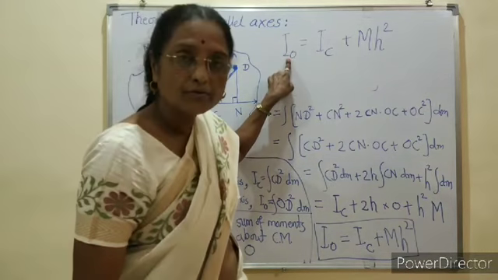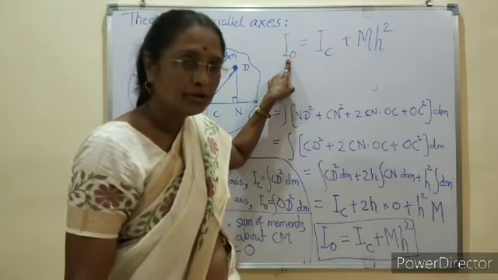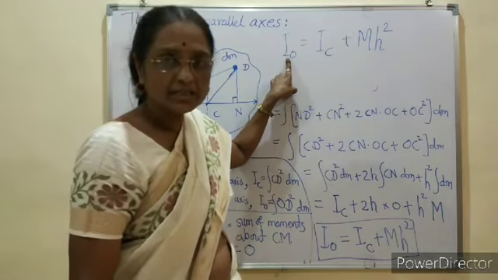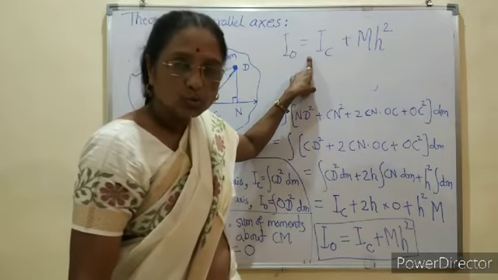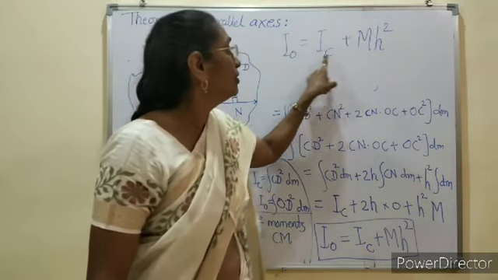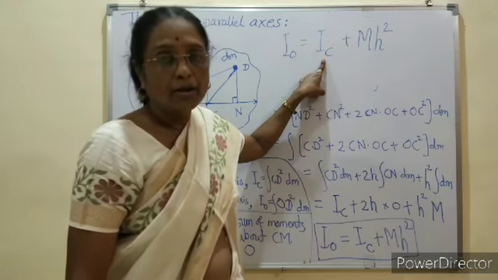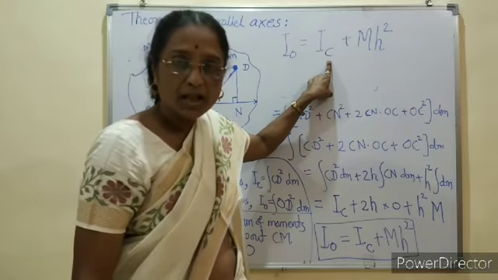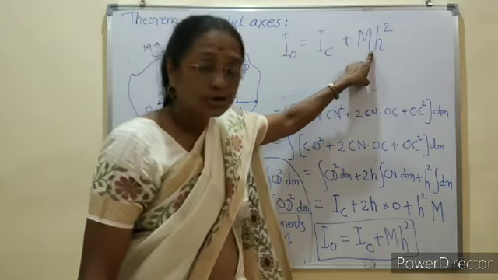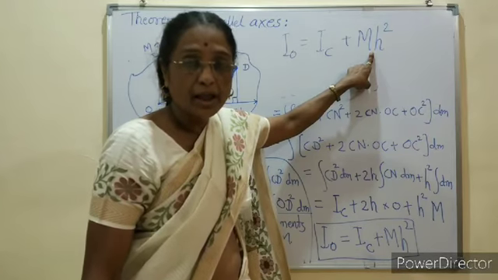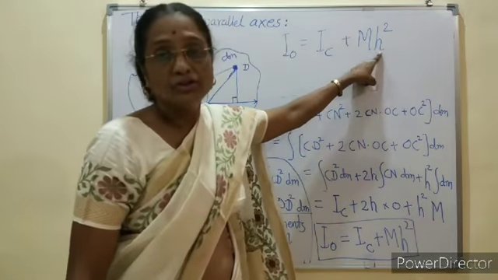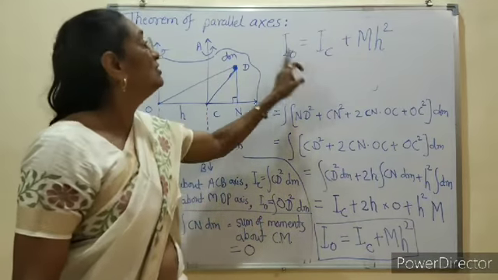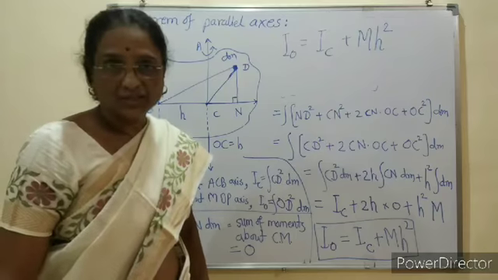The moment of inertia of a body about any axis is equal to the sum of the moment of inertia of the body about the axis passing through center of mass and the product of mass of the body and square of the distance between the two axes. This is the statement of parallel axis theorem.